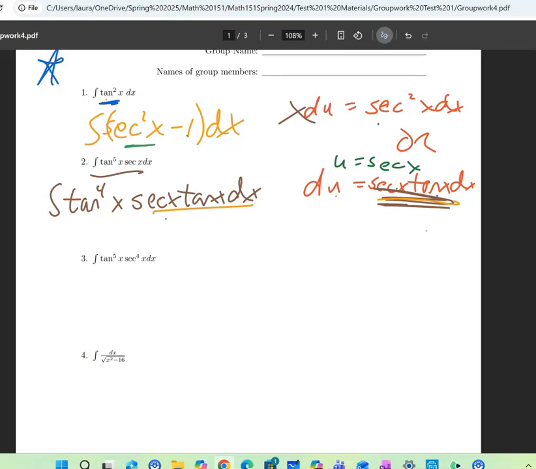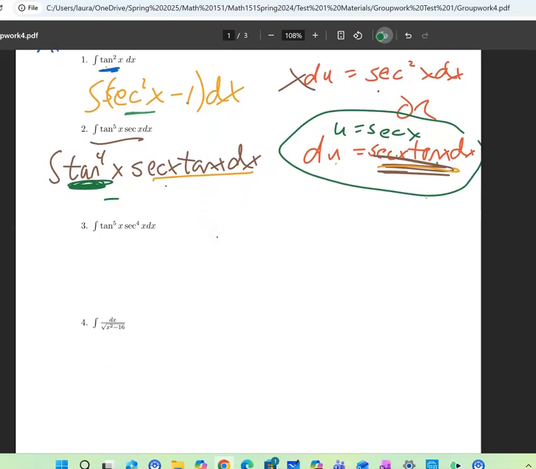All right, I need to make this u substitution work. I think I need to rewrite this as, and I suggest you go slow, tangent squared x squared times secant x tangent x dx.